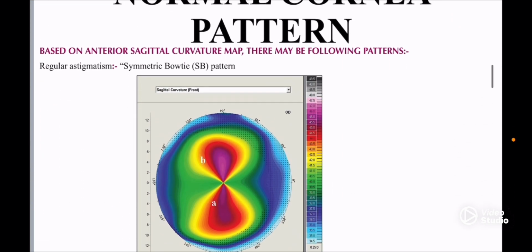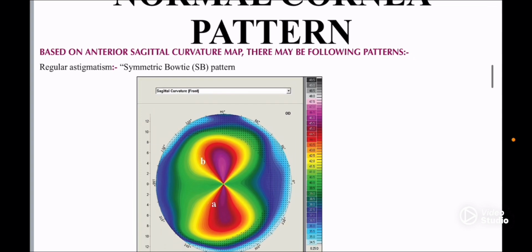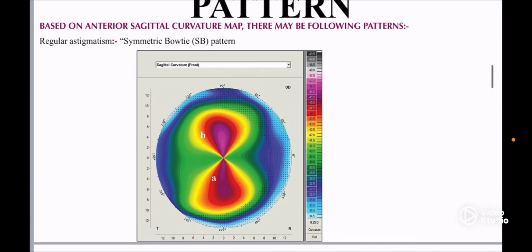Now coming to the normal cornea pattern. Based on the anterior sagittal curvature map, the normal cornea shows a symmetric bow tie pattern. What is meant by symmetric bow tie? See, in the image, the map given is the sagittal curvature map of the front.